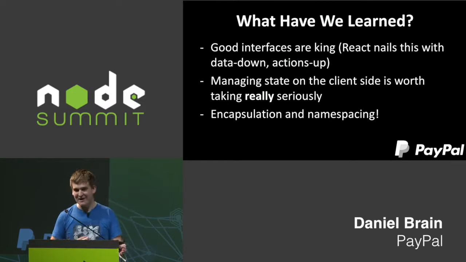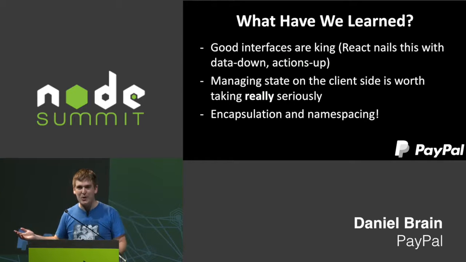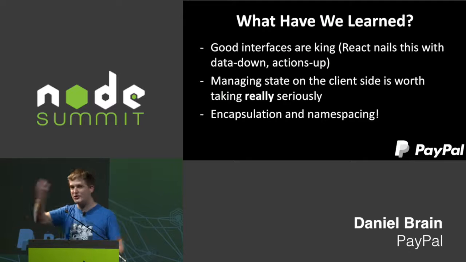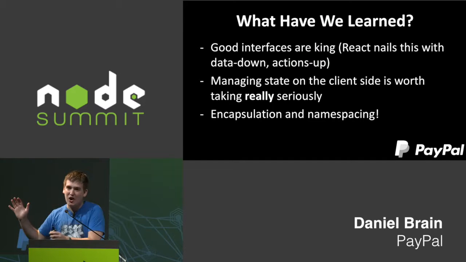The second lesson we've learned is that managing state is something that we obviously have to do. Now we're all writing stateless server-sides and REST APIs. A lot of our state has been pulled down into the client, which is either a good thing or a bad thing, depending on how you look at it. But it's worth taking really seriously how we manage that state. Typically, in the dark old days, people would put a lot of state in the DOM.